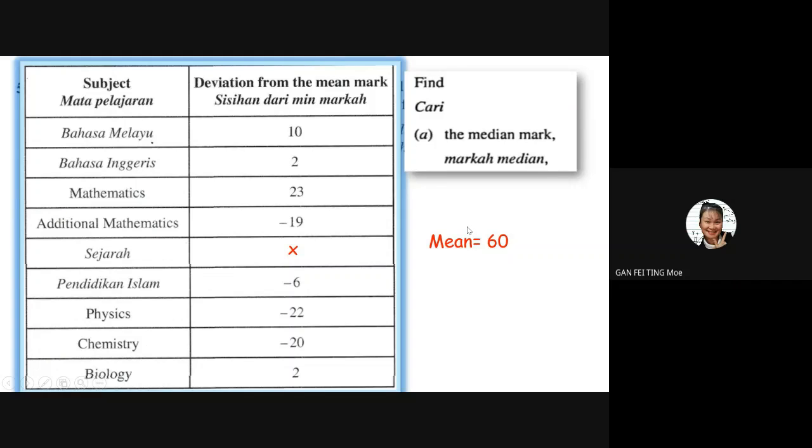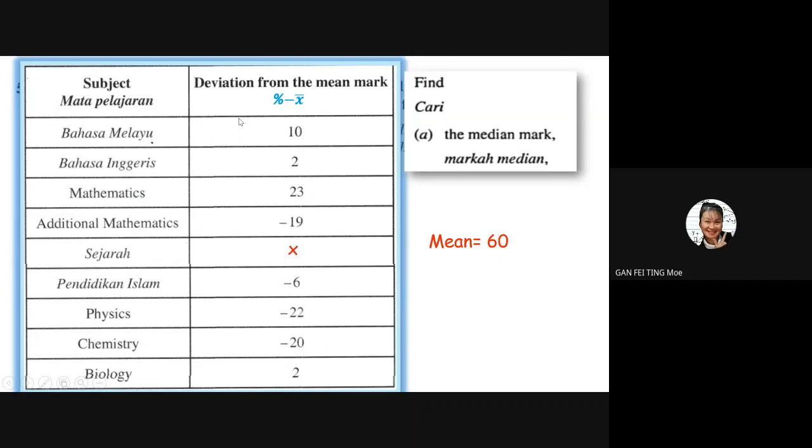So daripada yang ini, min, I know that semua, this is the sisihan. Deviation from min mark is the peratus minus min. Okay, from here, min is given as this. Peratus minus, I do not know the marks. For one example to make you see this one, pay attention to this. Okay, for this Bahasa Melayu, let's say I take this one. I do not know the Bahasa Melayu actual marks.